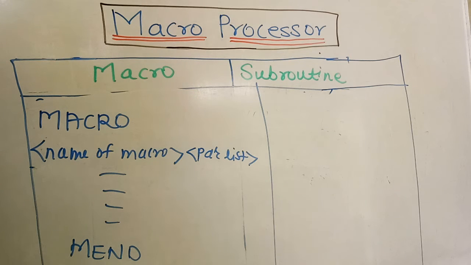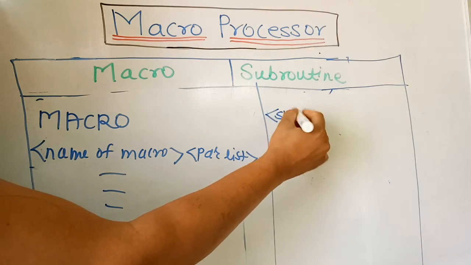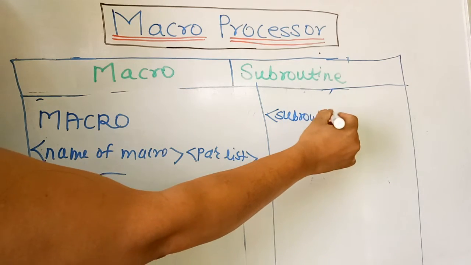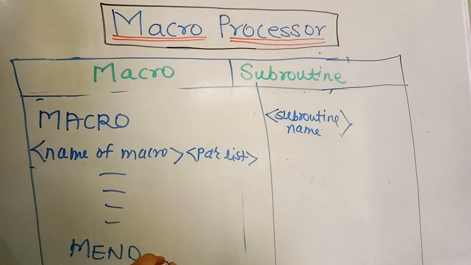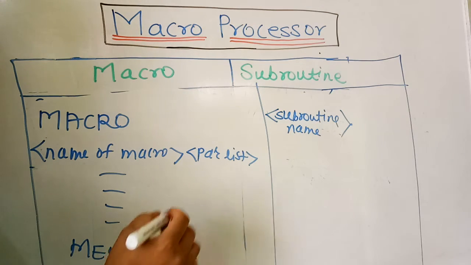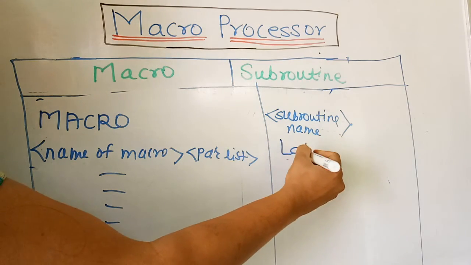Next, the subroutine. Its assembly language is as follows. You only specify the subroutine name, then you use the instruction operands, then the return line label.